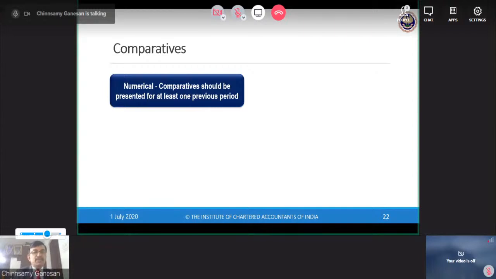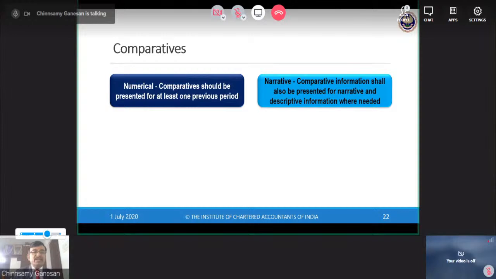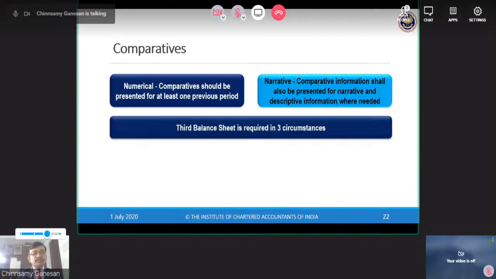The second aspect is, in case of narrative also, the description of the information which you have given in the previous period and what is not there in the current period. That could also be one possibility. This year you have added some narrative information, but it is not existing in the previous year. So you would be required to explain that this is happening for the first time. So comparatives is both for numerical as well as for narrative.